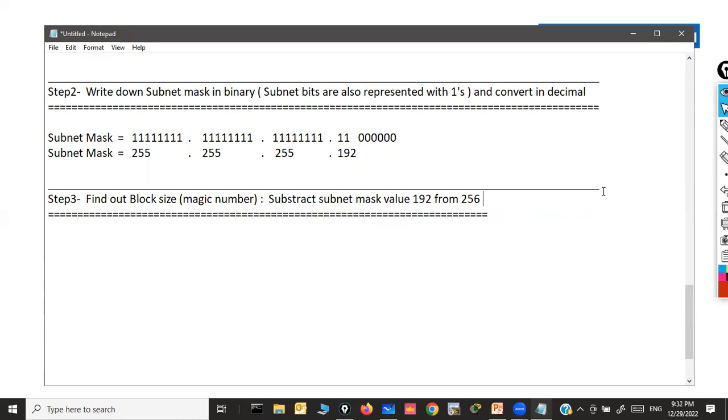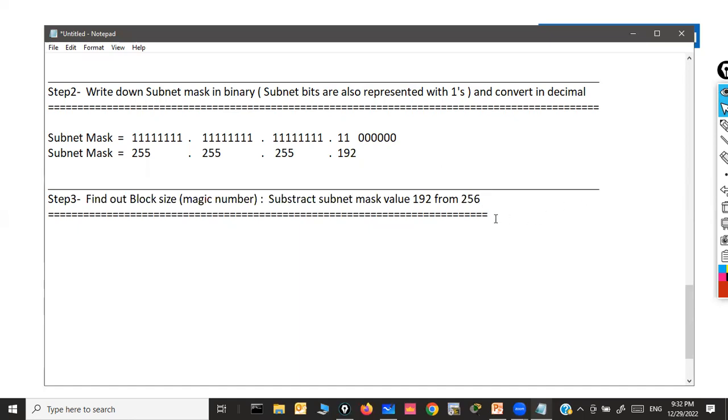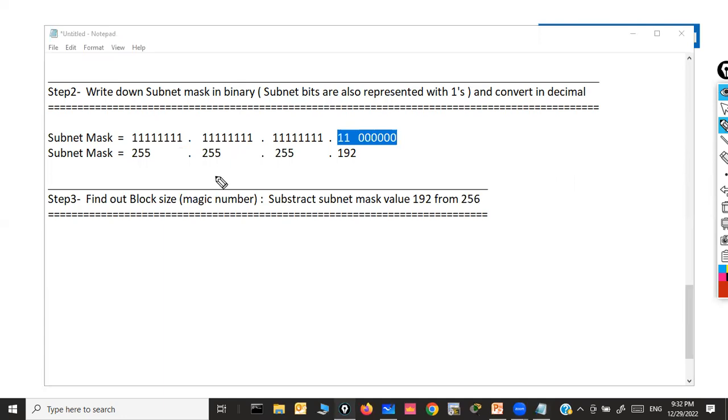What I'm suggesting you, right? And the logic I will explain later on. So what needs to be done here? In order to get a block size, a magic number, whatever value comes here, other than the default value, subtract this value from 256. 256 is the maximum, not as a value, but because one octet means 0 to 255.